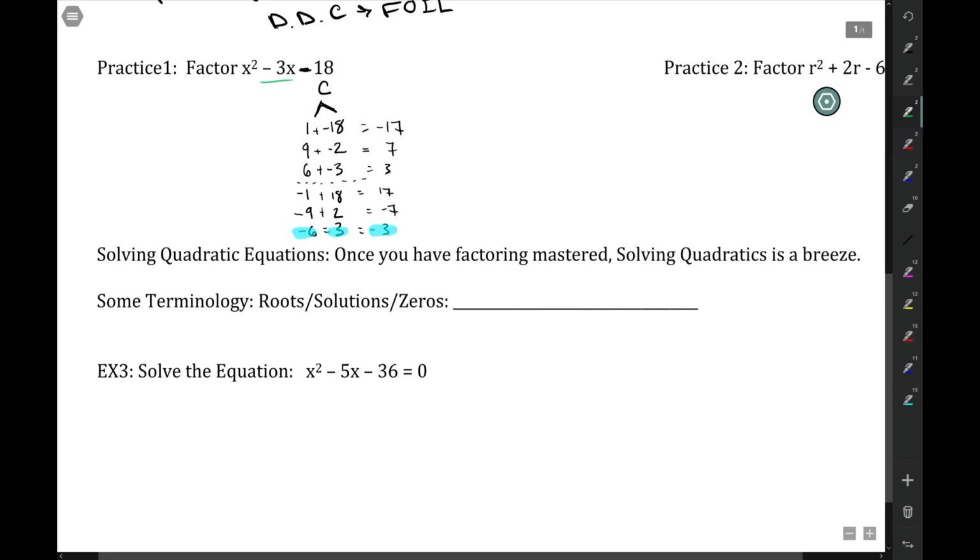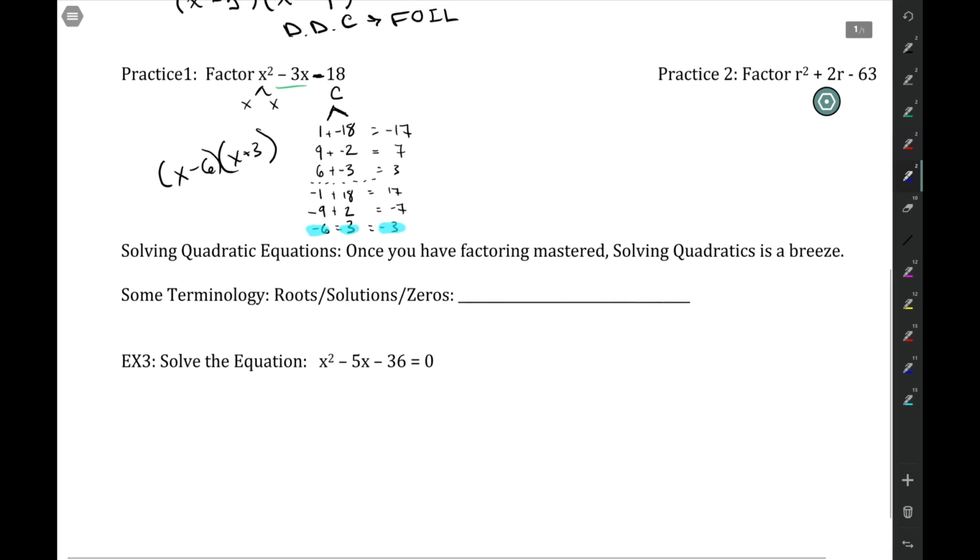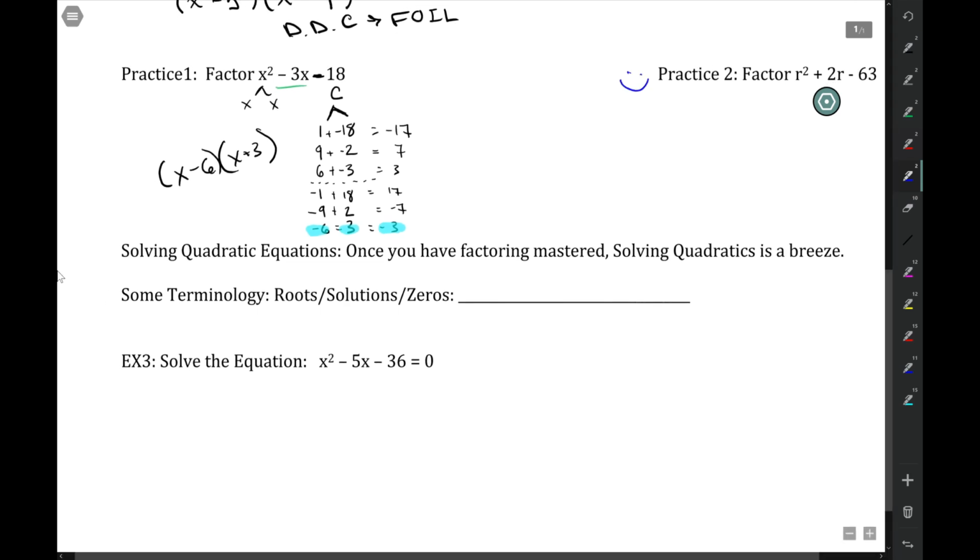So my answer would simply be x minus 6 and x plus 3. Again, the more practice you do, the better you will get. Practice 2, I will leave for you guys.